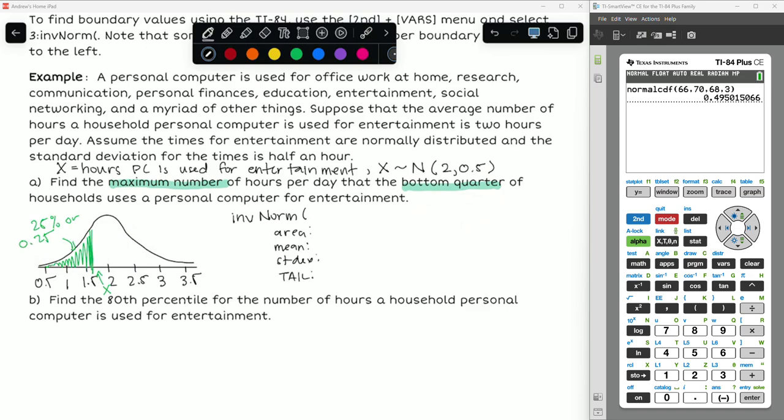When I put the area in the calculator, I need to use the decimal form of the area, not the percentage form. So I'm going to enter the area as 0.25. My mean is 2. My standard deviation is 0.5. And my tail is left, because I shaded that picture to the left. It's a less than problem.